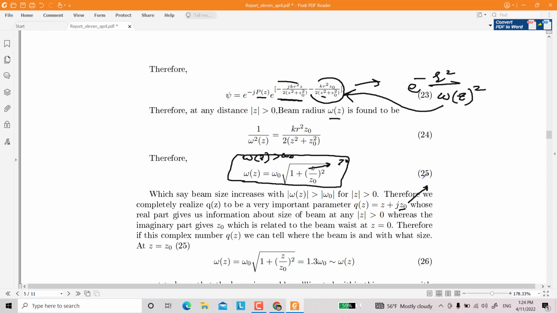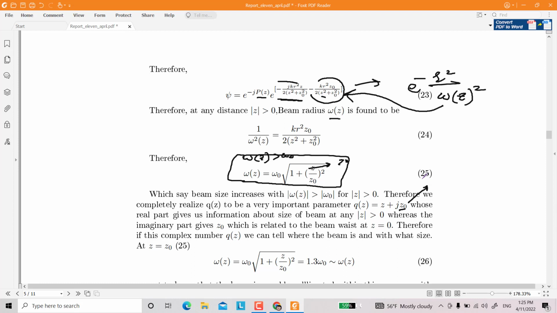So now we need to do some further analysis. For that we take equation number 25 and we ask what this Z naught is. So far we have not decided the significance of Z naught.